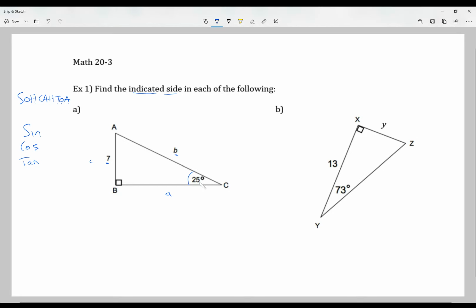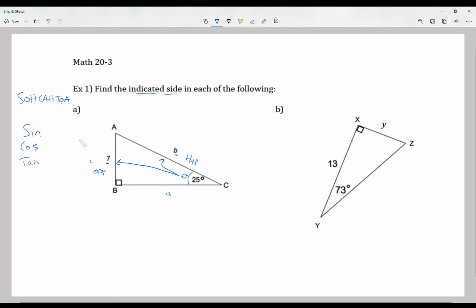Well, if I'm thinking about 25 degrees as being my angle theta, I have the side opposite to that angle. I have 7, which is opposite to 25 degrees. And the side I'm looking for is the hypotenuse of the triangle.